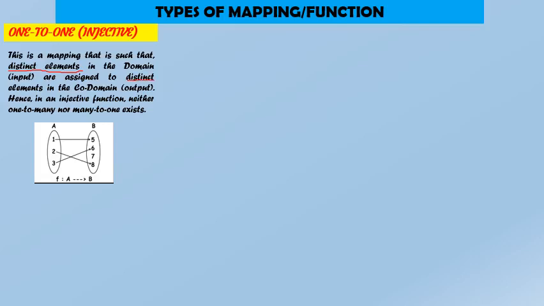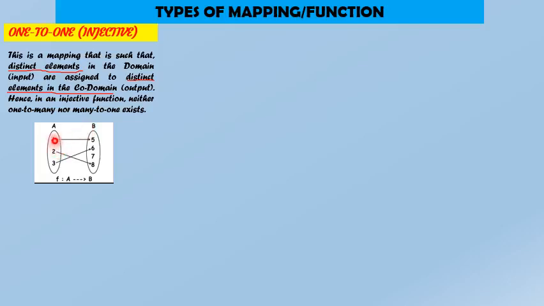So take note of that. So that's why we call it what? One-to-one. So what that simply means is that all elements in the domain, each one is assigned to another element. There is no sharing, either from input to output or output to what? To input. No sharing of elements.